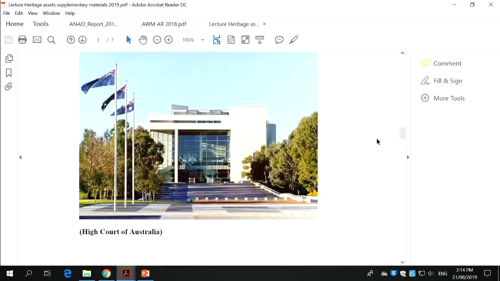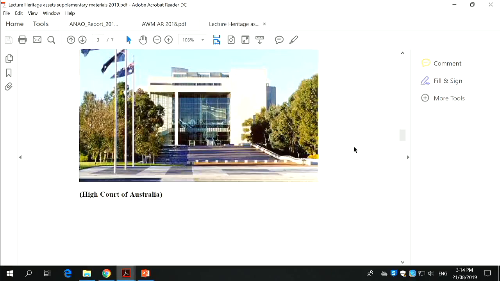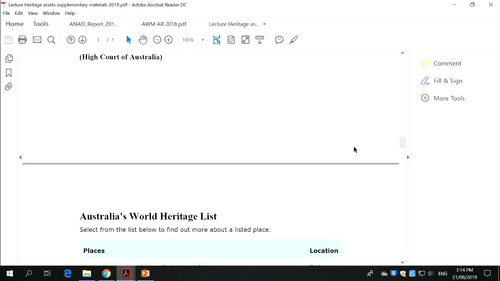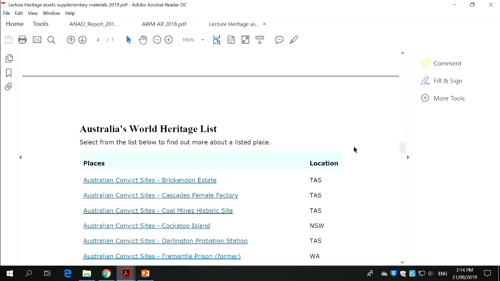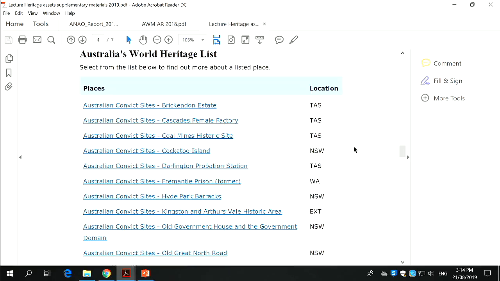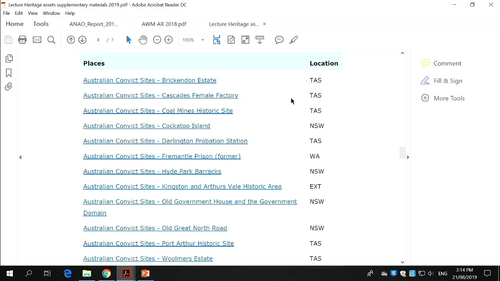This one you'll be familiar with: the High Court of Australia, again in Canberra, so you can easily go there and have a look. There are others on Australia's World Heritage List. This is not inclusive, but I got it from the Department of Finance website.